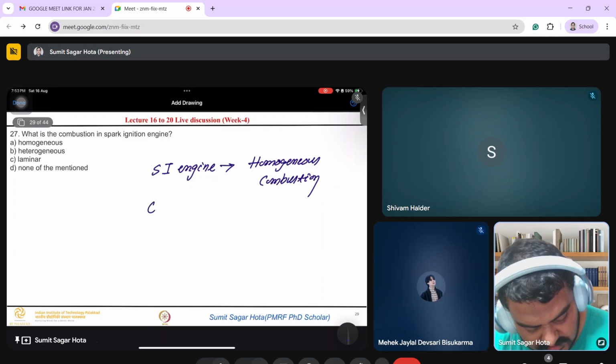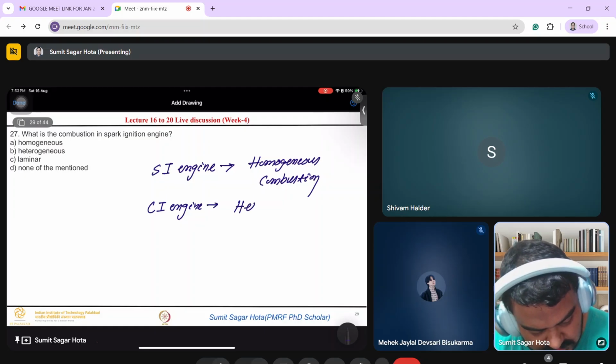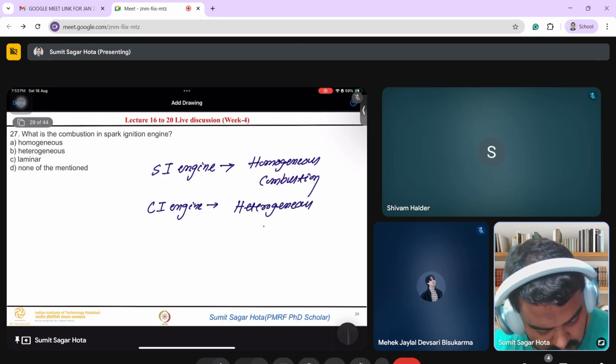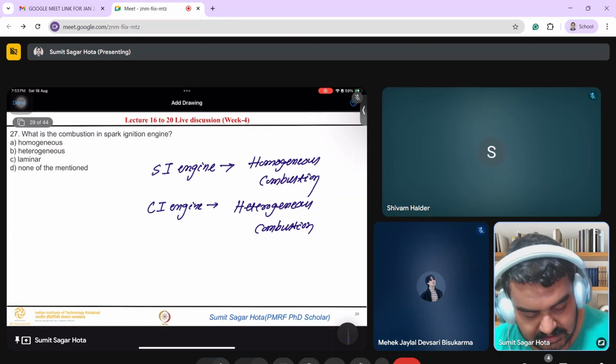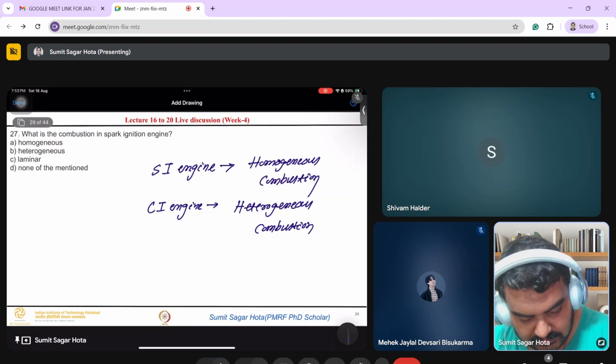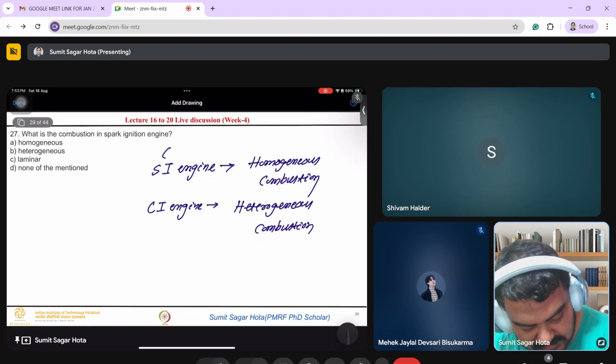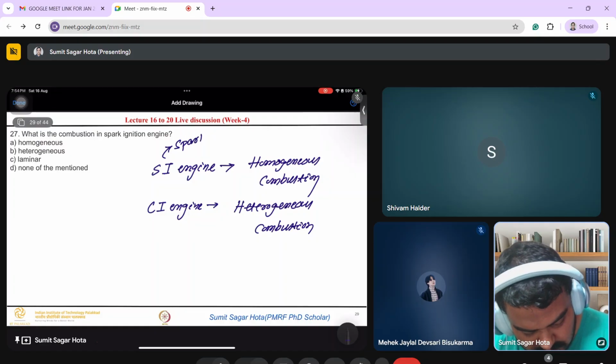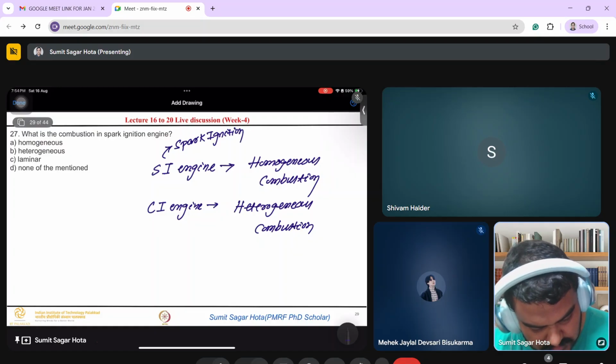And when there is a CI engine, it will always be a heterogeneous combustion. That means the fuel and the oxidizer do not mix properly. So this is your spark ignition. This is your compression ignition.